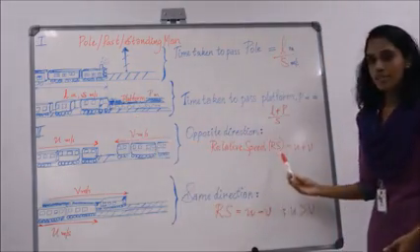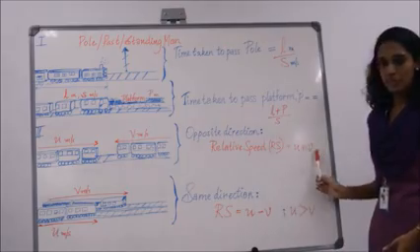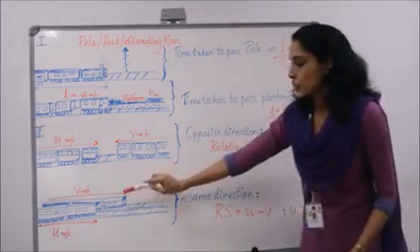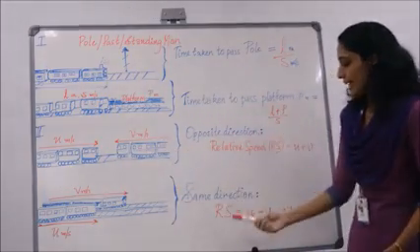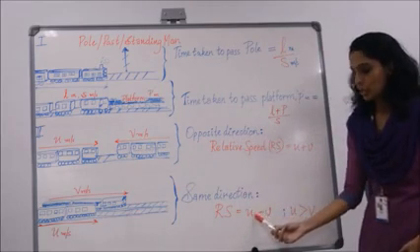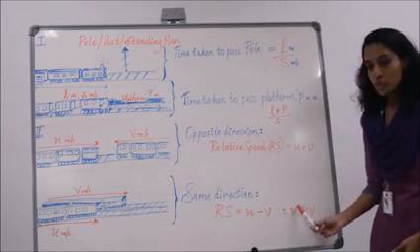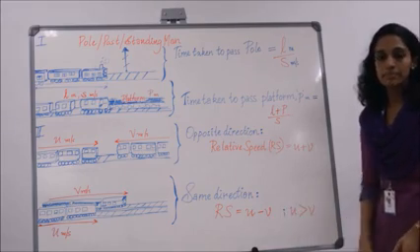Then the relative speed is given by u plus v. And if two objects are moving in the same direction, then the relative speed is given by u minus v, where u is greater than v.